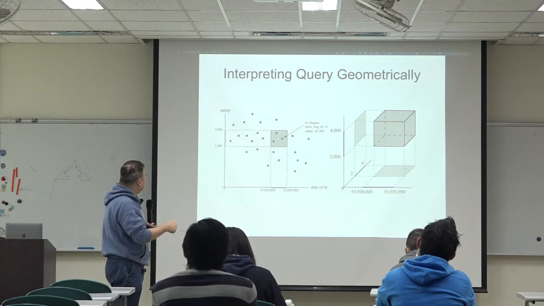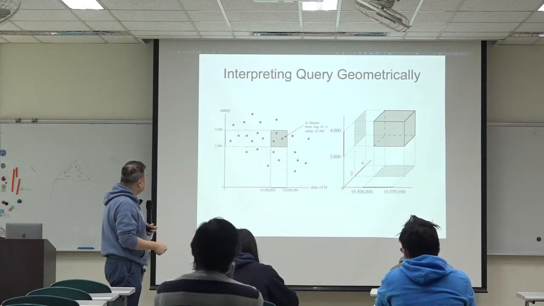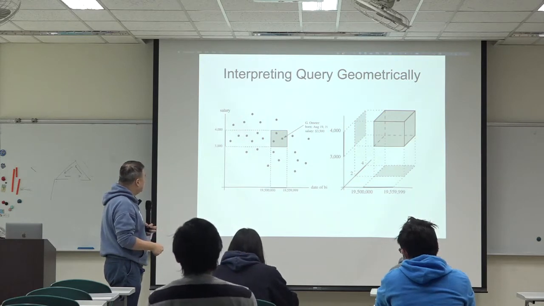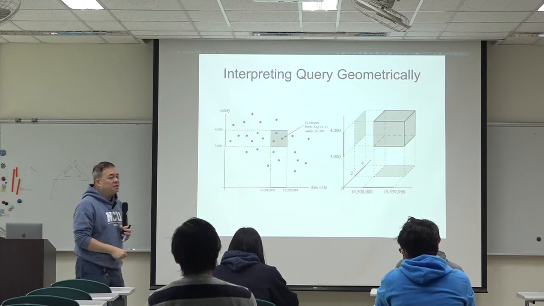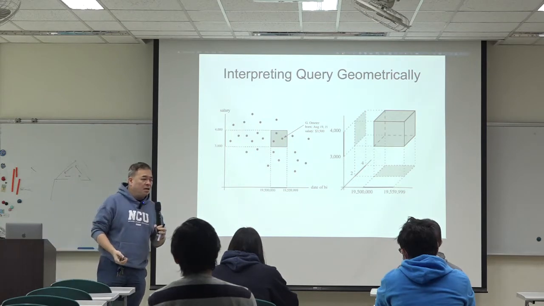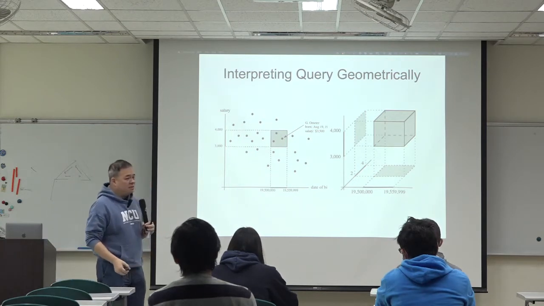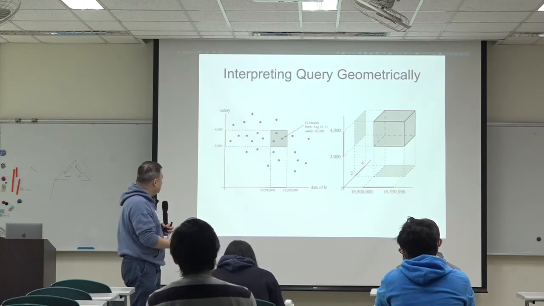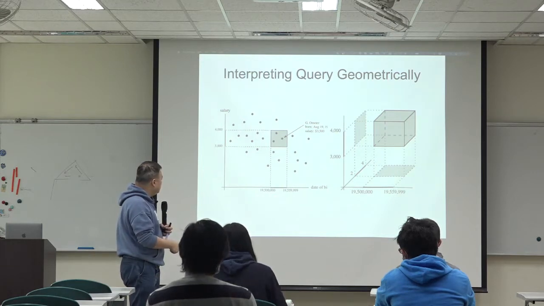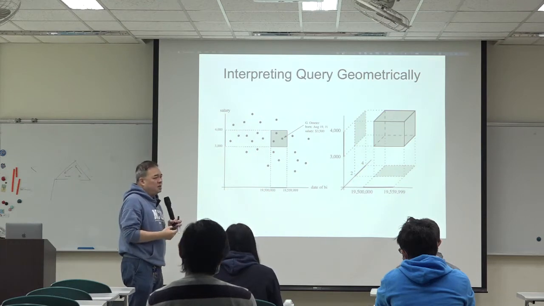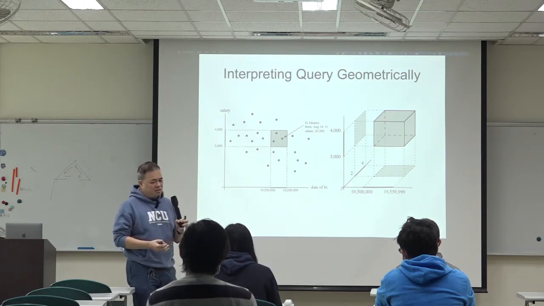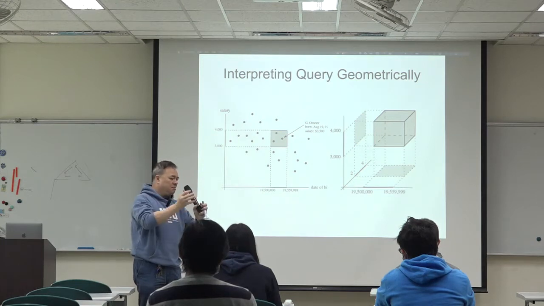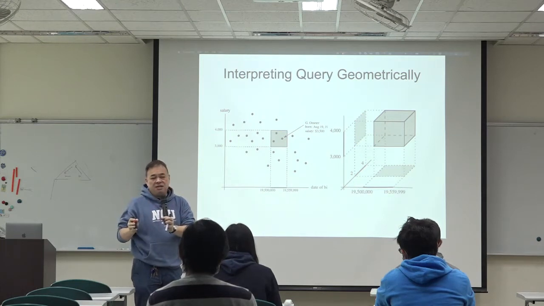Here's an example. This is more like, what should I say, an employee database. As you can imagine, each employee has a birthday, right? And we can convert each birthday into a numerical field, because supposedly the birthday is stored as year, month, and date, right?